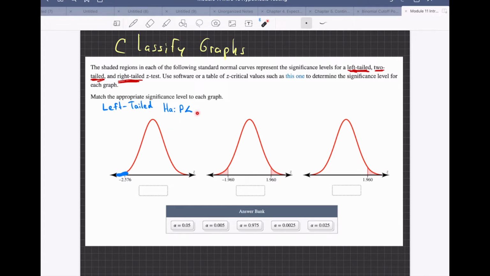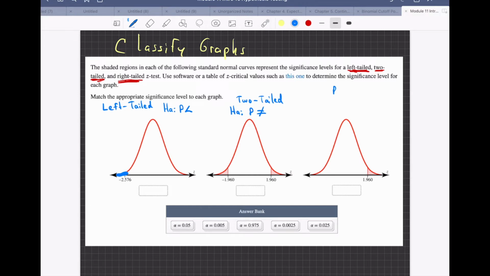Proportion less than something. This one is two-tailed. How do we know we have to use a two-tailed test? It's simple, because in the alternative, we're going to have the proportion different from something.